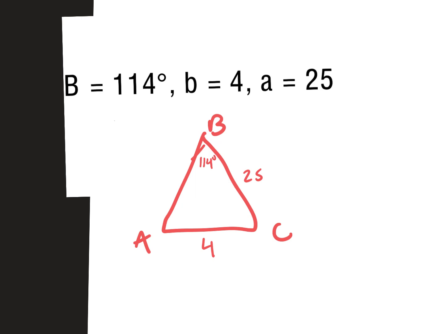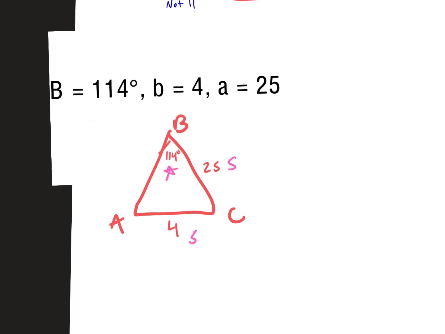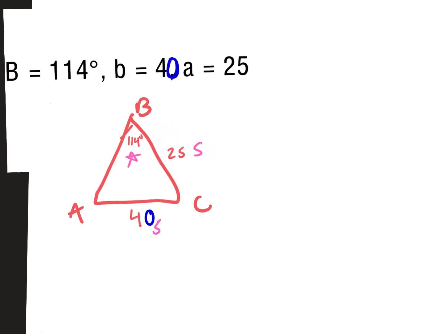This one's going to be no triangle. But this is an example of angle, side, side. But let's do this as, I'll change B to be 40. That way it's kind of a little something different than what you've seen. All right, so B is 40.